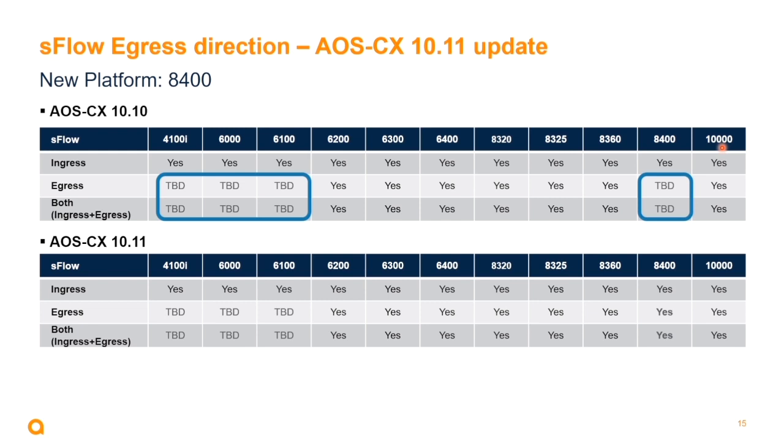Now for 10.11 we have now added the 8400 to have egress SFlow, so it joins the rest of the switches to have both ingress and egress SFlow from the 6200 all the way up to the 10,000.